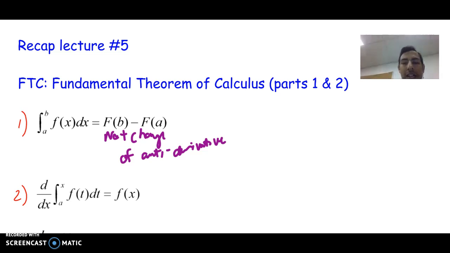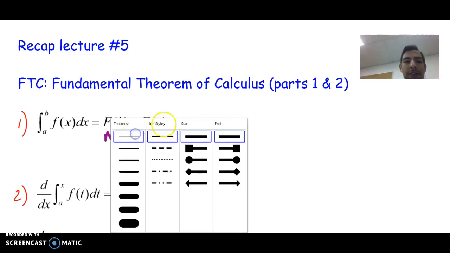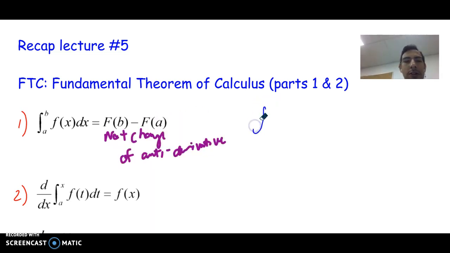Another way you might see that written is if you have the integral from a to b of f prime of x dx. And notice what this is saying, the integral of the derivative. And when you have the integral of the derivative, you end up getting, again, the net change of the antiderivative.